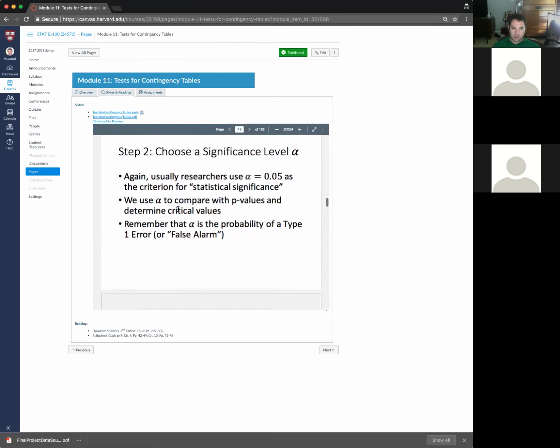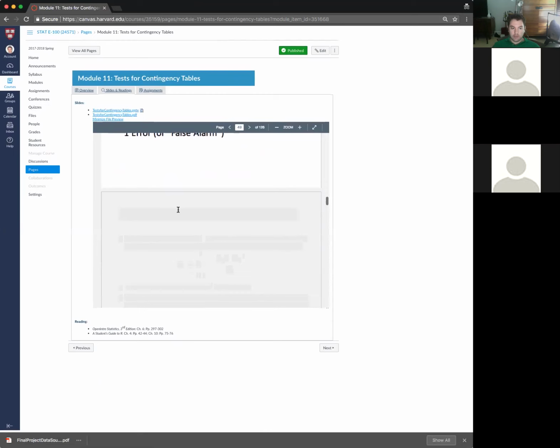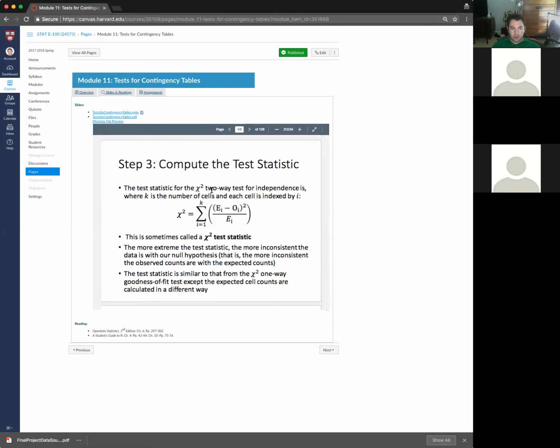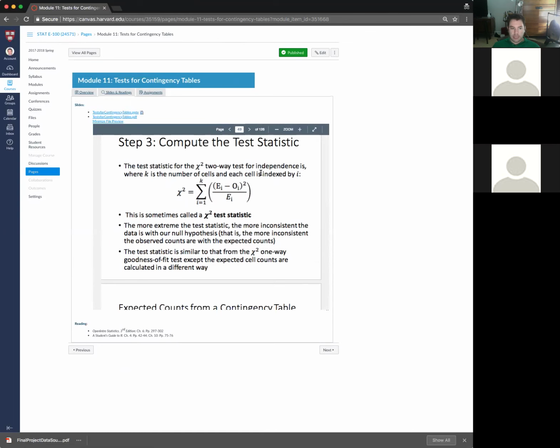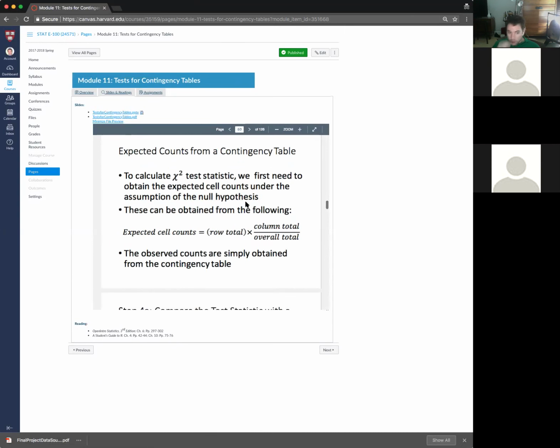And then we choose a significance level. So we'll be using 0.05 for alpha. And then we can compute the test statistic. So it's the same method of computing the test statistic. But first, we have to get the expected cell counts under the null hypothesis.